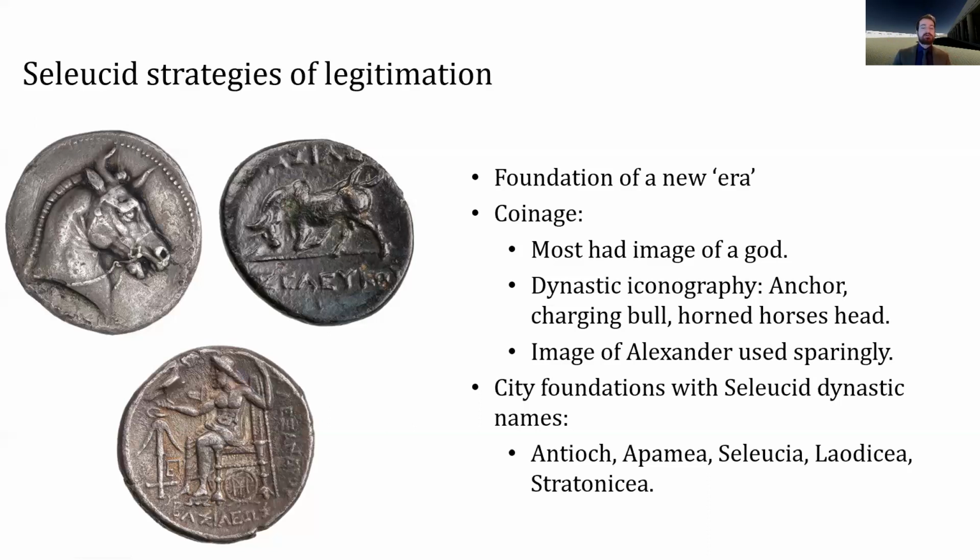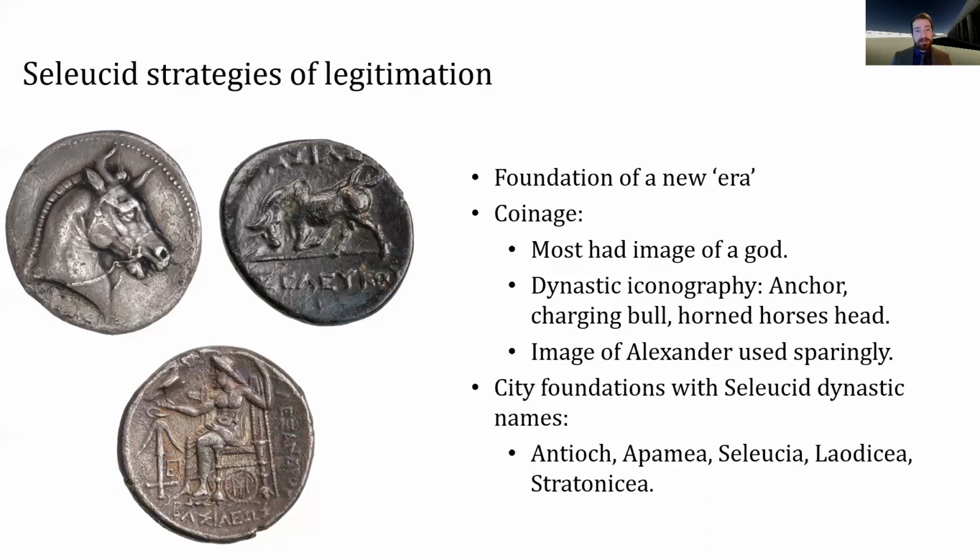Now, city foundations were also another major part. Just as we've spoken time and time again about founding cities, it was basically the same for the Seleucids. They made Seleukid cities under their own names.